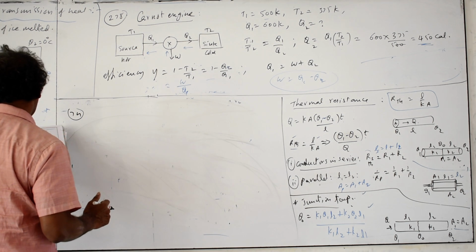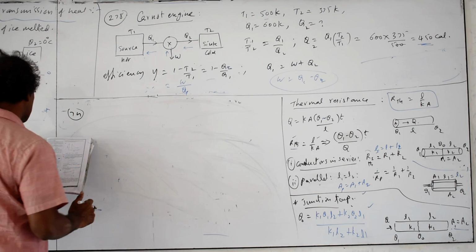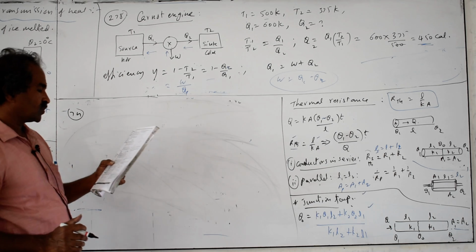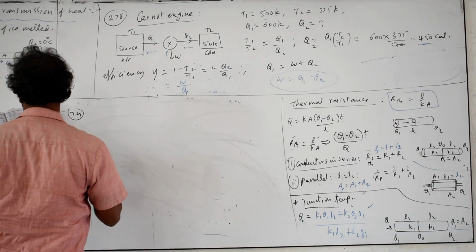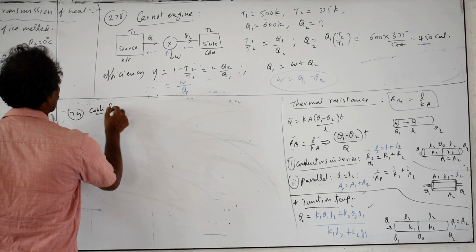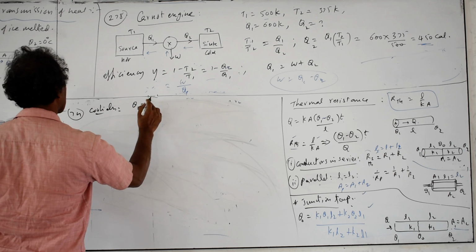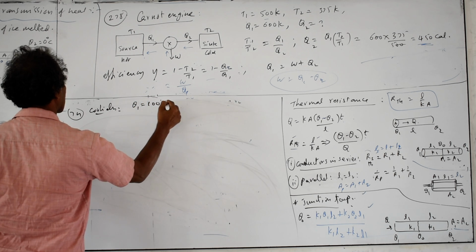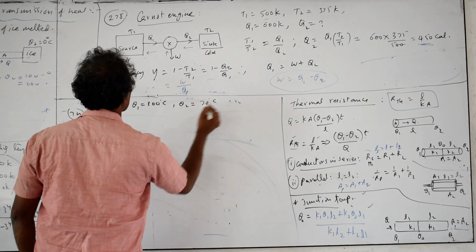A body takes 4 minutes to cool from 100 degrees centigrade to 70 degrees centigrade. The time taken by it to cool from 70 to 40 is how much? Surrounding room temperature is 15 degrees centigrade. For the cooling of the object, θ1 is 100 degrees centigrade and θ2 is 70 degrees centigrade.